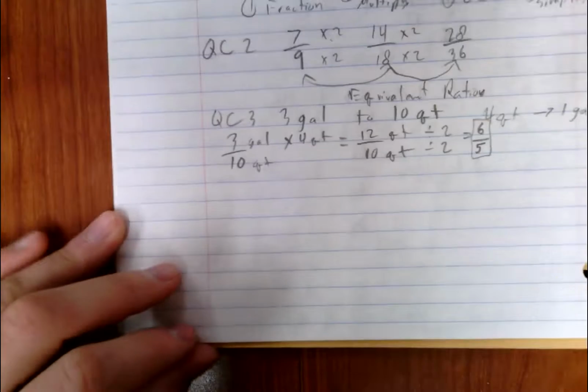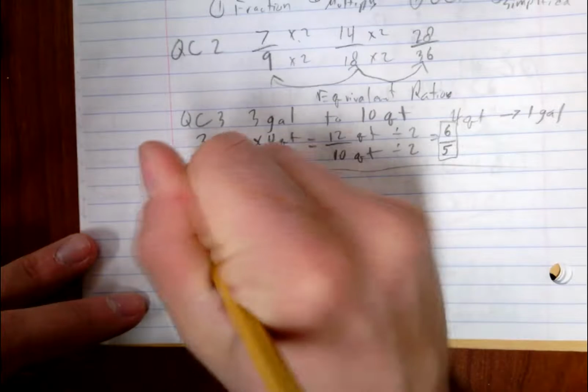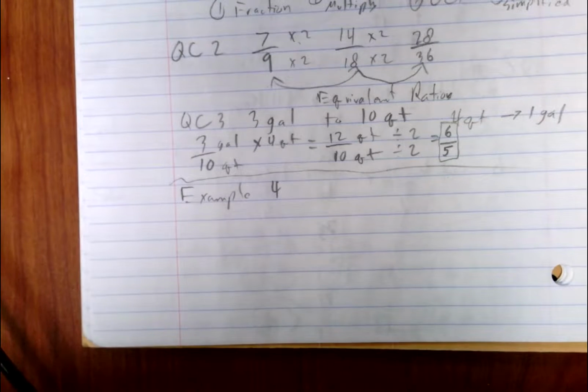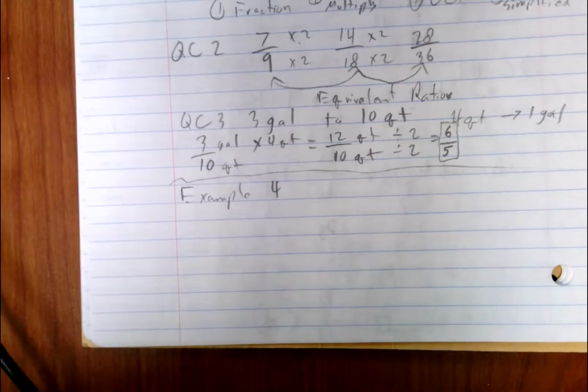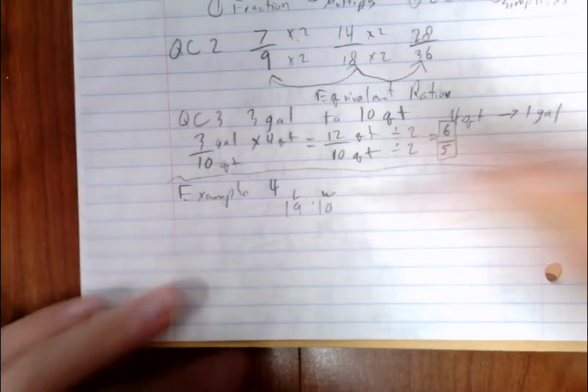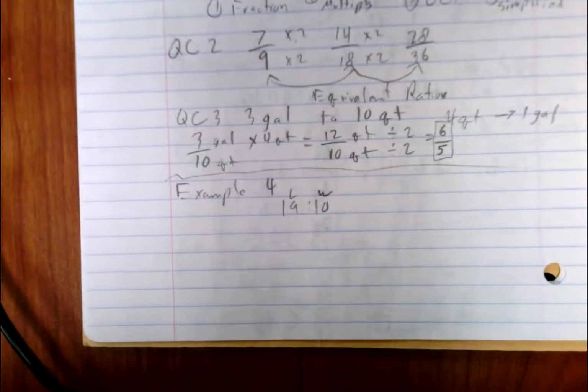So if we go and do example 4, it says an official U.S. flag has a length to width ratio of 19 to 10. The largest U.S. flag measures 505 feet by 255 feet. Is this an official U.S. flag?